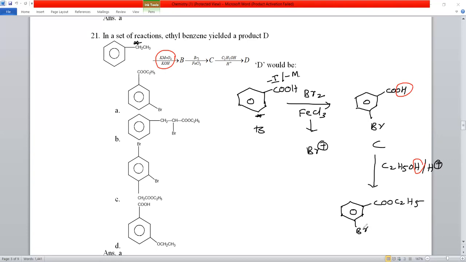Ethyl metabromo benzoate. Check where it is in the options. Option A is correct, student, with bromine at the 1, 2, 3 position.